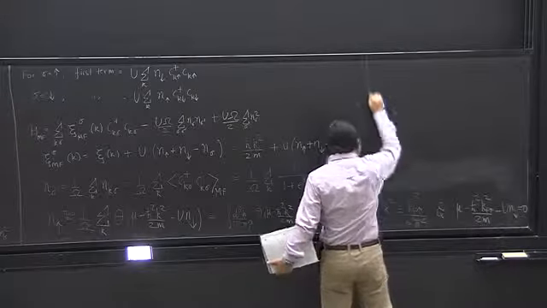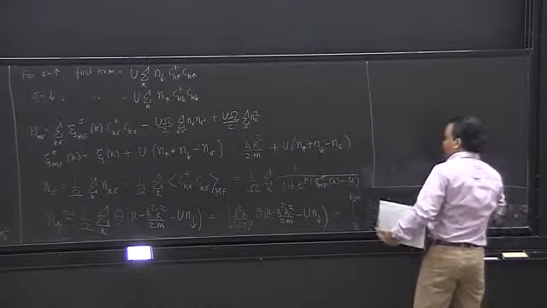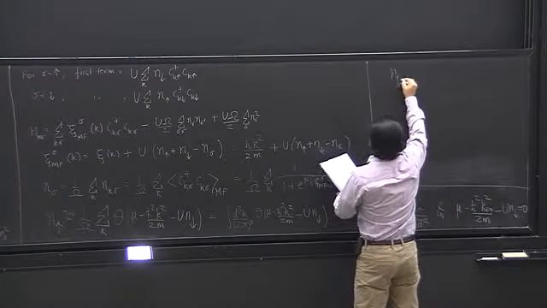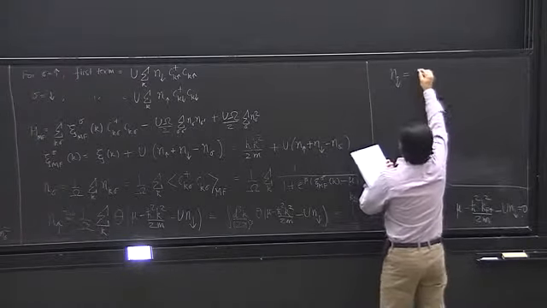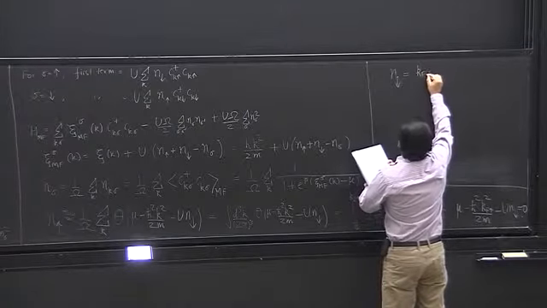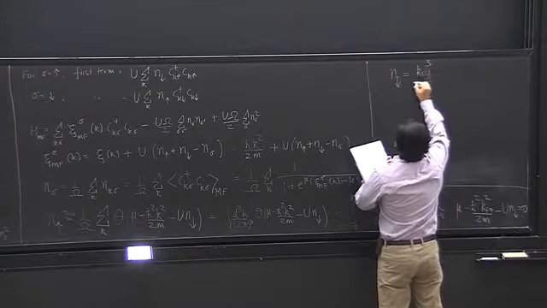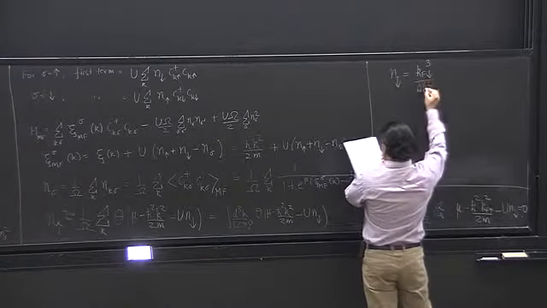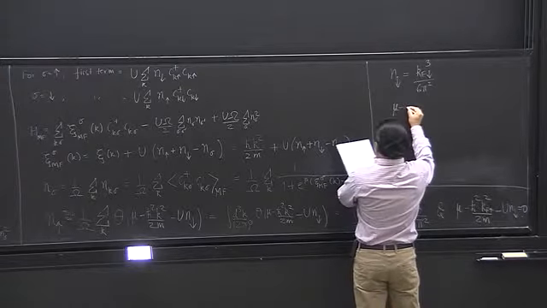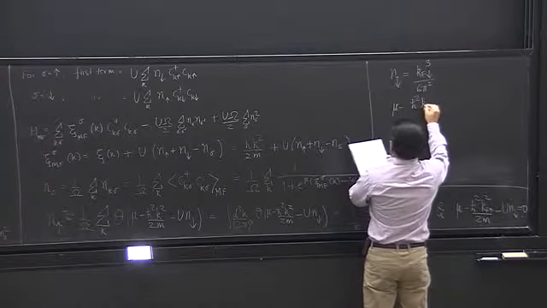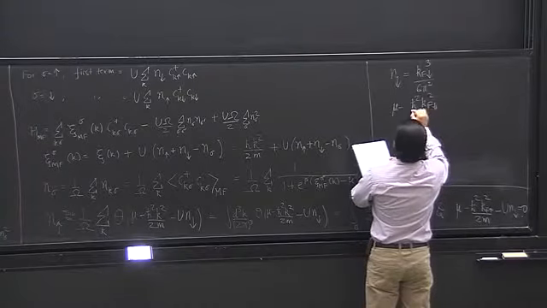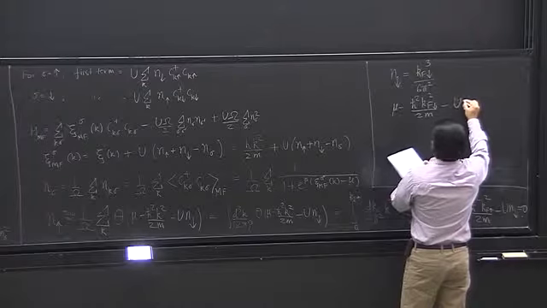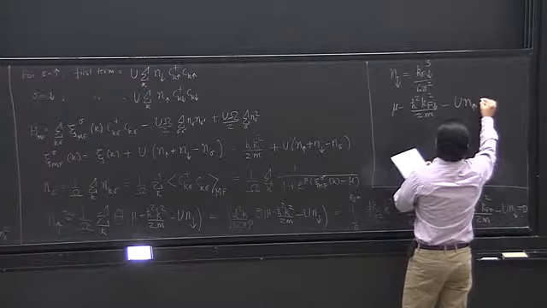So you can do a similar calculation for the downspin, and you will find that the spin down density is kf down cubed over 6 pi squared, where kf down is defined as mu minus h bar squared kf down squared over 2m minus u n up equal to 0.